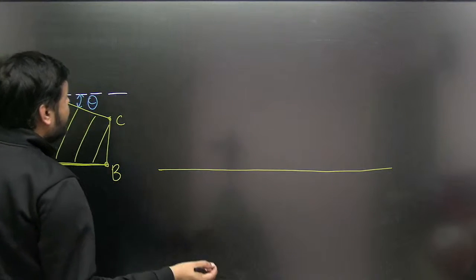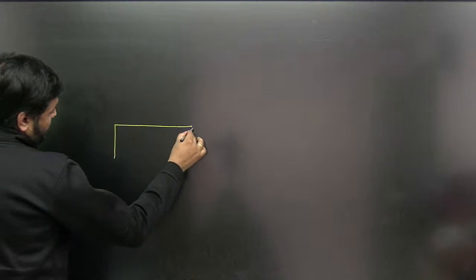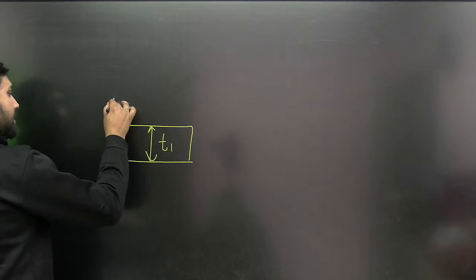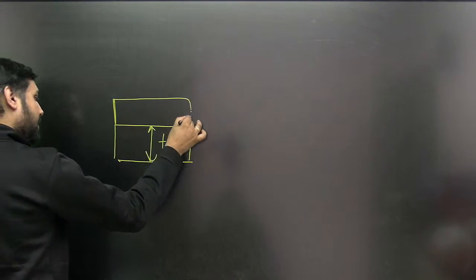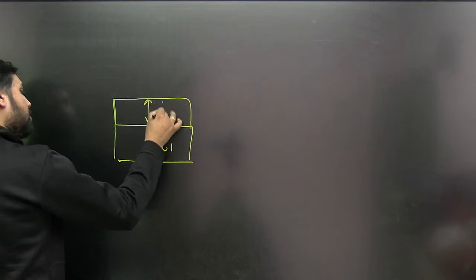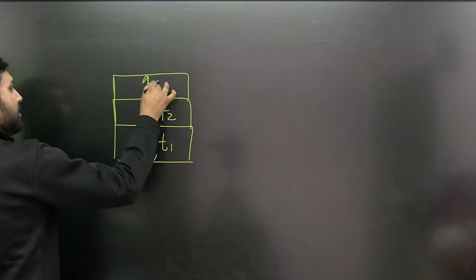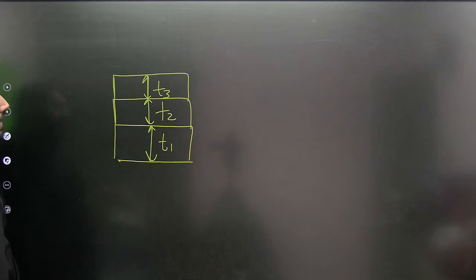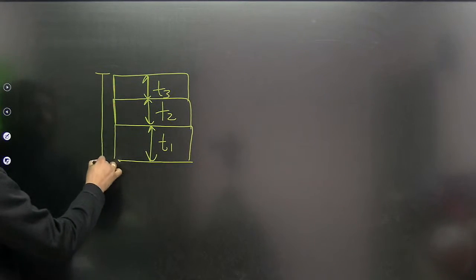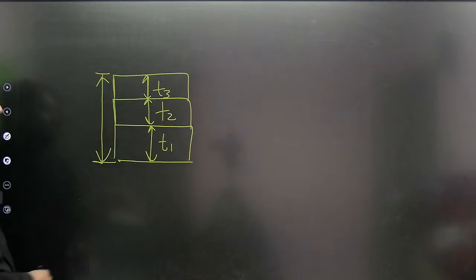What are slip gauges? They are like highly polished rectangular steel blocks. All of them will have certain thickness like T1. There will be another rectangular bar with thickness T2. So if you start piling them up like this, with T3, you can get a height dimension.